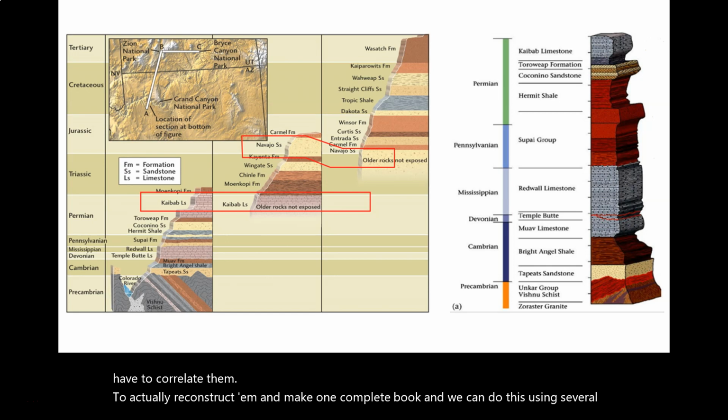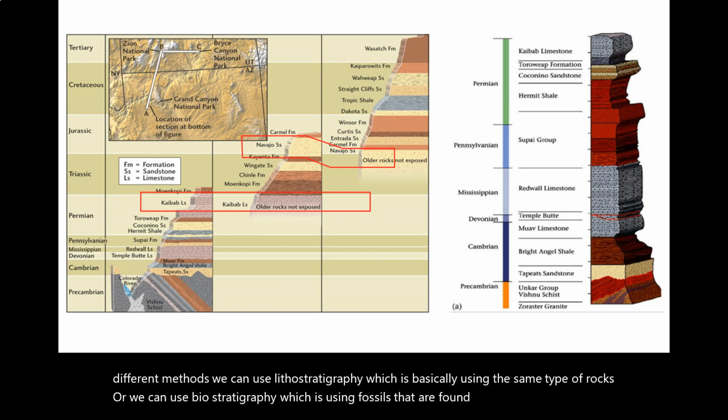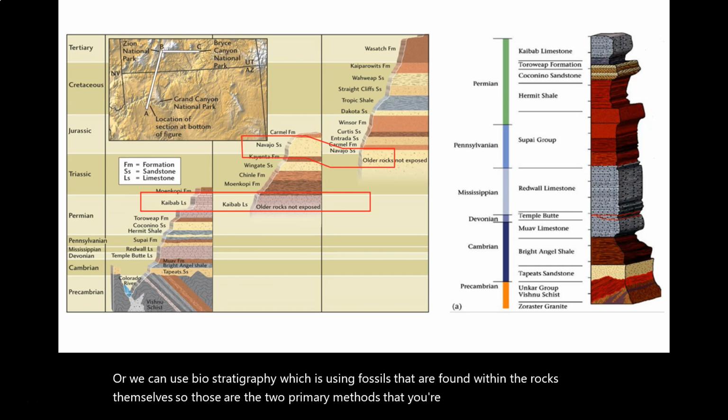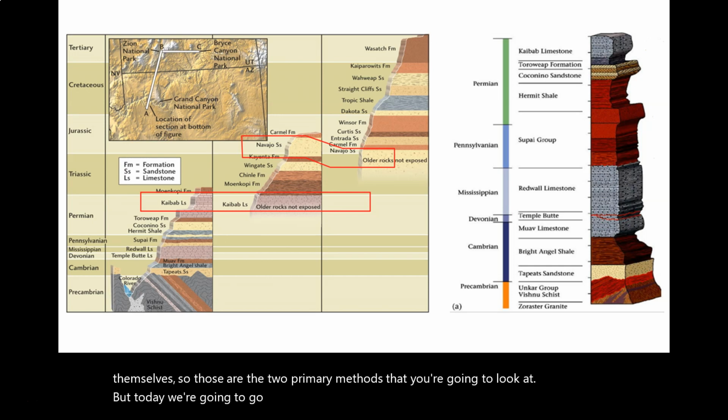And we can do this using several different methods. We can use lithostratigraphy, which is basically using the same type of rocks, or we can use biostratigraphy, which is using fossils that are found within the rocks themselves. So those are the 2 primary methods that you're going to look at. But today we're going to go ahead and use lithostratigraphy as the primary way of actually determining the geologic history of an area.